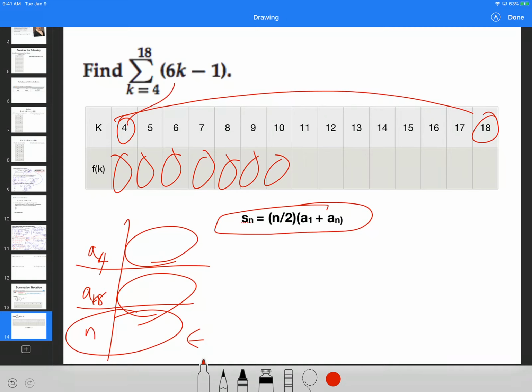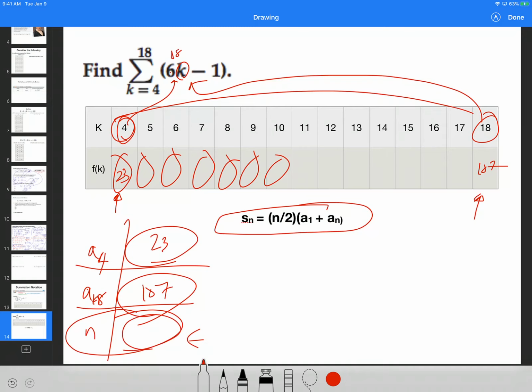How do I figure that out? Well, just plug it in. 4 times 6 is 24, minus 1 is 23. 18 times 6 is 108, minus 1, which would be 107. Okay, so first you need to establish your first and your last value by plugging those values in. Those are the only ones you're going to plug in.